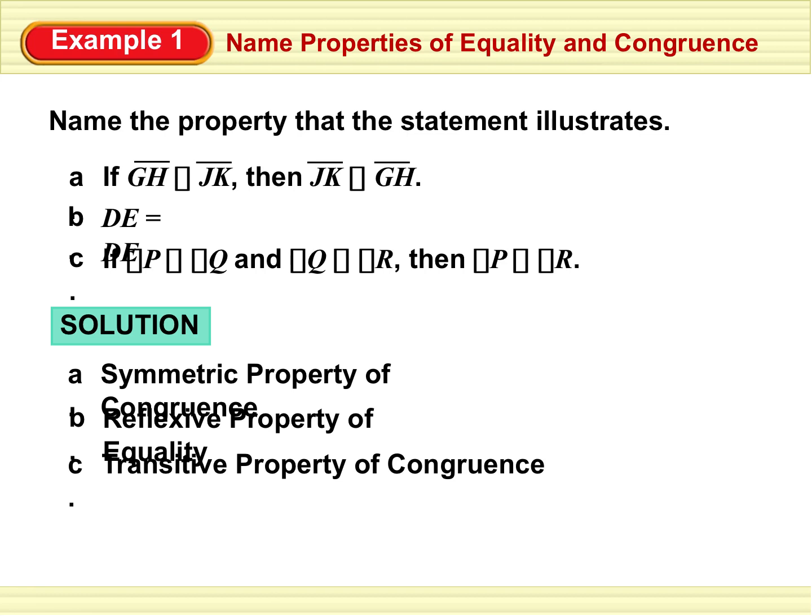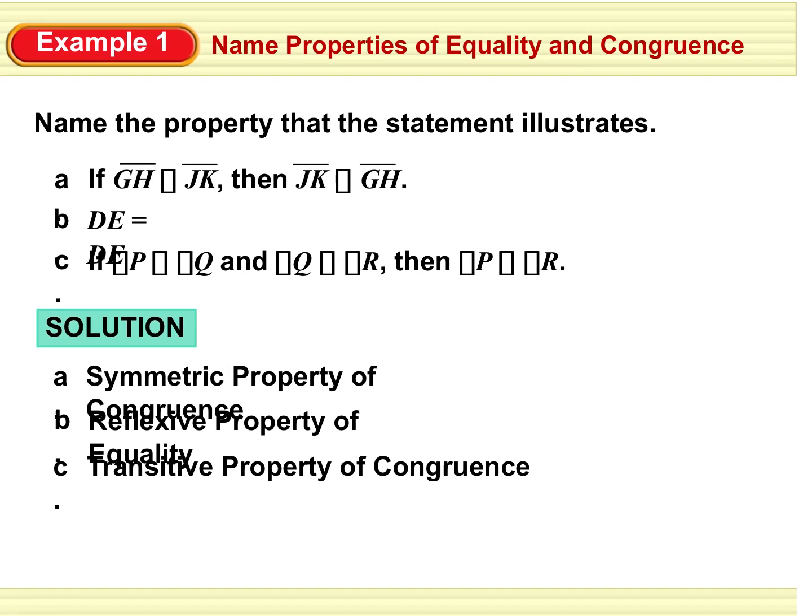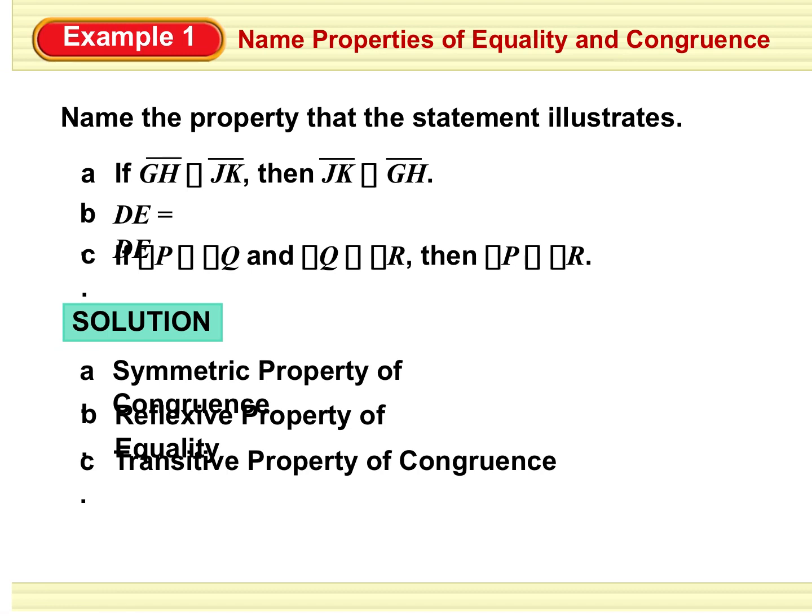So look on your paper because up here it looks a little messy. Okay? So A, it says if, actually I want to talk about the solutions first. So symmetric, when something is symmetric, it flips it. So put flip. Write it down. Symmetric means flip.